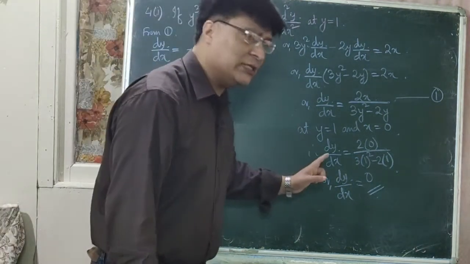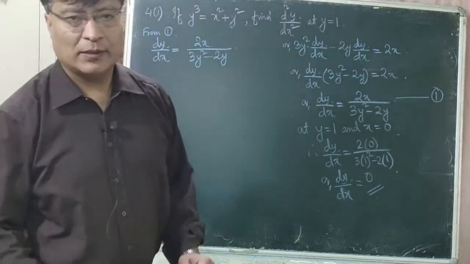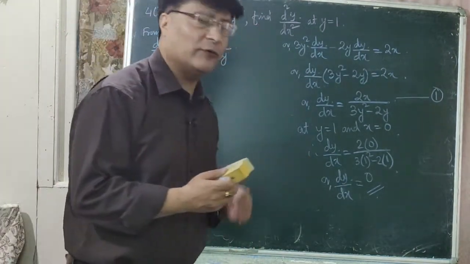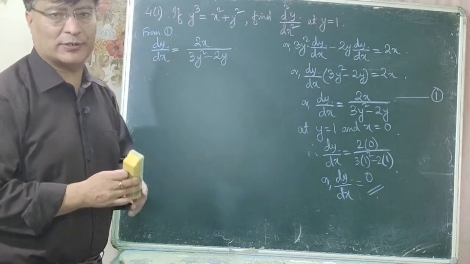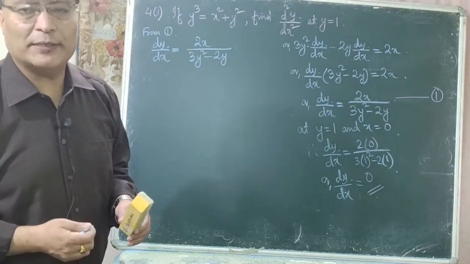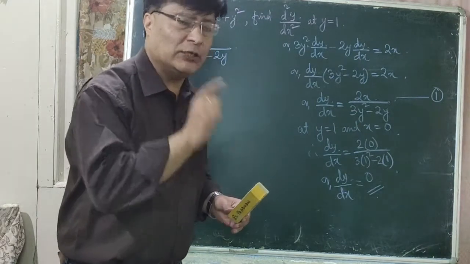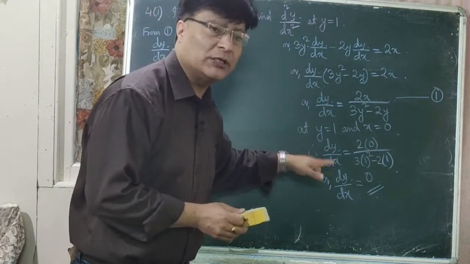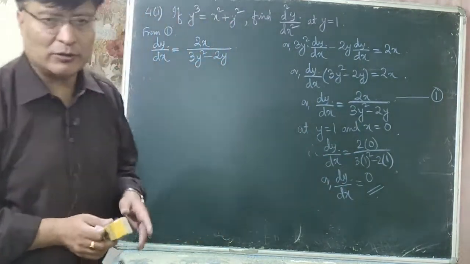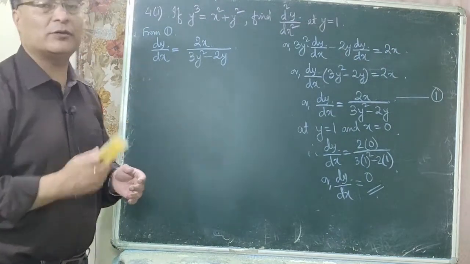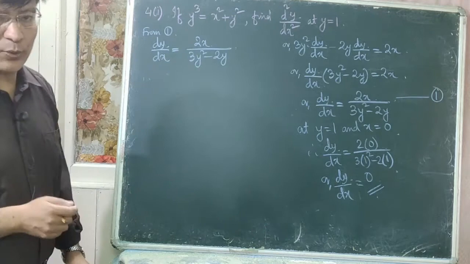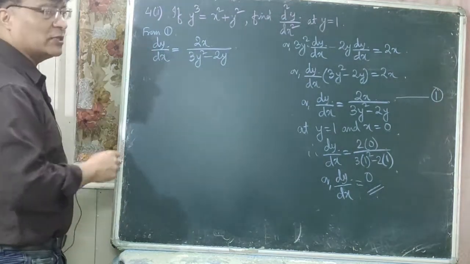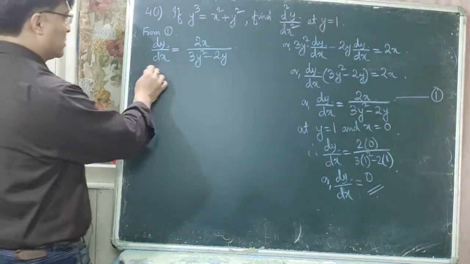Why are we getting the value for dy by dx? Because after differentiation, in that dy by dx you can put dy by dx is equal to 0, so that it will be easier for you to simplify the value of d square y by dx square, right? So let us differentiate it again with respect to x.